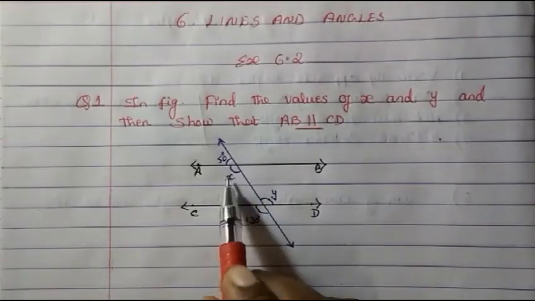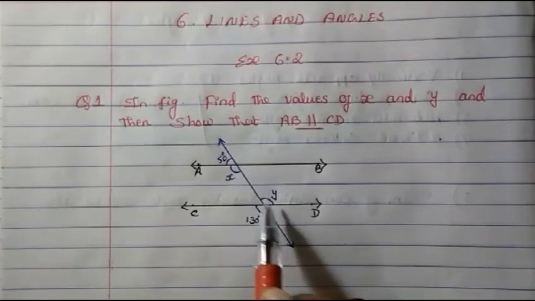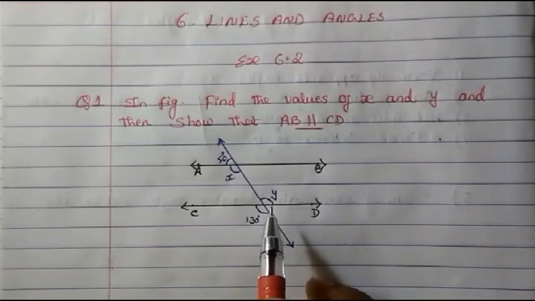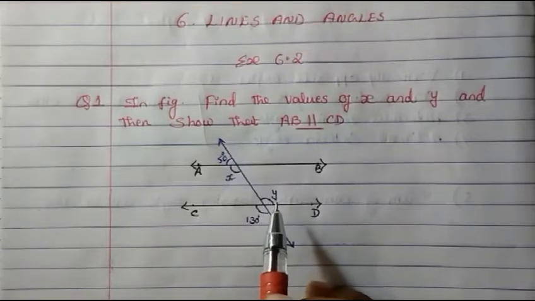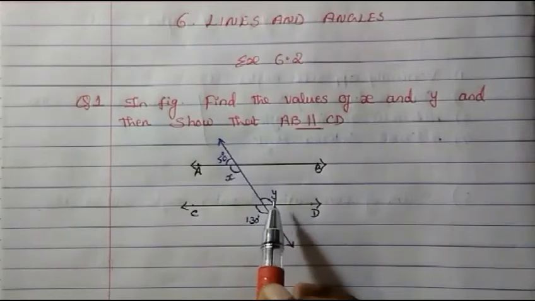So if they are alternate interior angles, then what should they be? We have studied that alternate interior angles are equal to each other. So we have to prove that x and y are equal to each other.